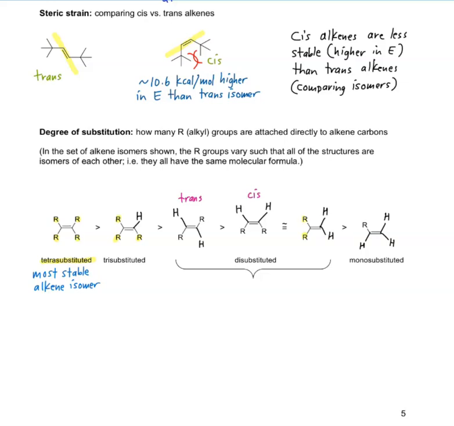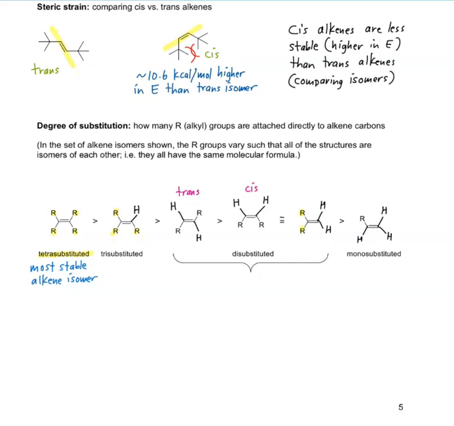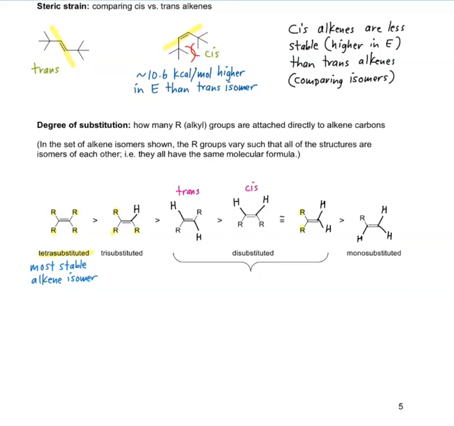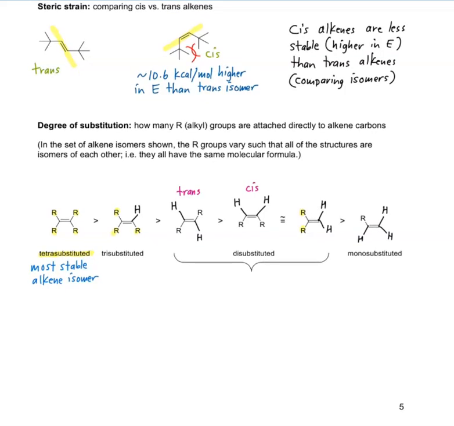That doesn't have a name, but that's the least stable. It's about on the same order of stability as the cis, sometimes just a little bit less stable. So those are the disubstituted. And then finally, if there's only one alkyl group attached to an alkene carbon, we call that monosubstituted, and that is the least stable alkene isomer.